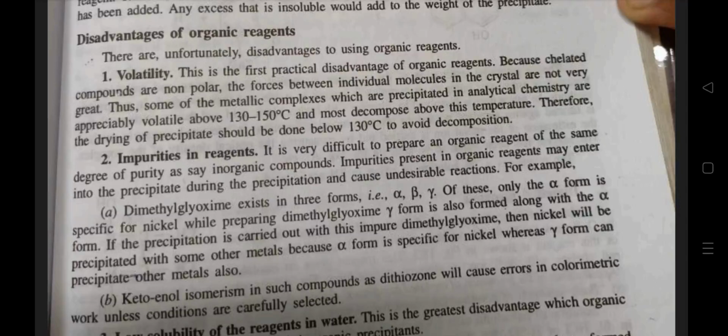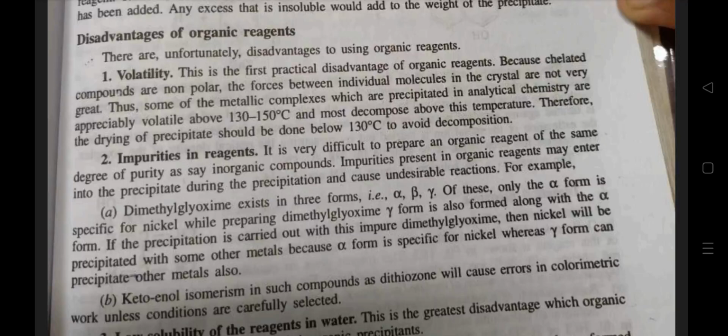Impurities in reagents. It is very difficult to prepare organic reagents of the same degree of purity as, say, inorganic compounds. Impurities present in organic reagents may enter into the precipitate during the precipitation and cause undesirable reactions. For example, dimethylglyoxime exists in three forms: alpha, beta, and gamma. Of these, only the alpha form is specific for nickel.